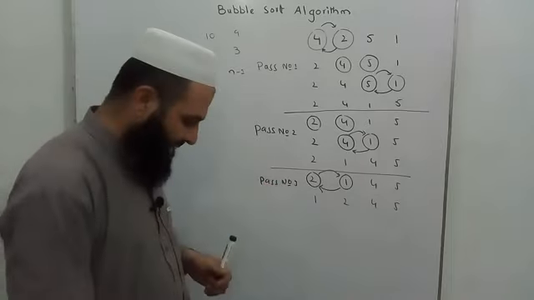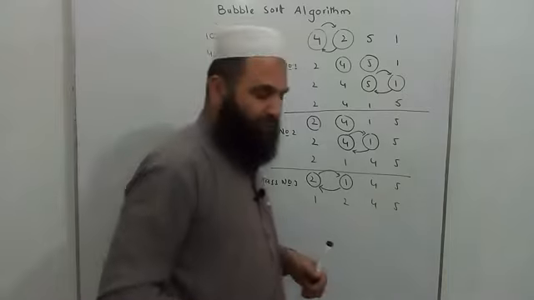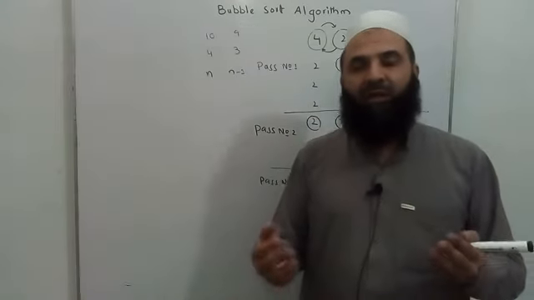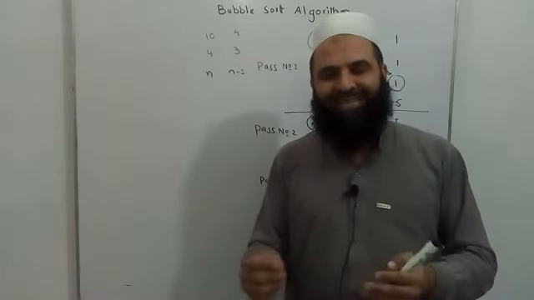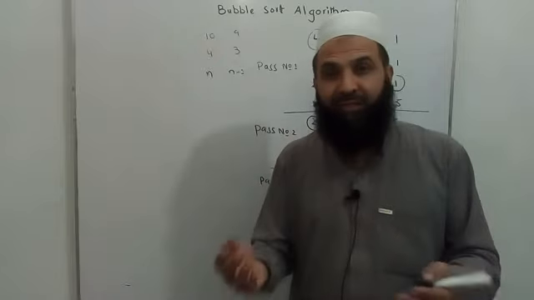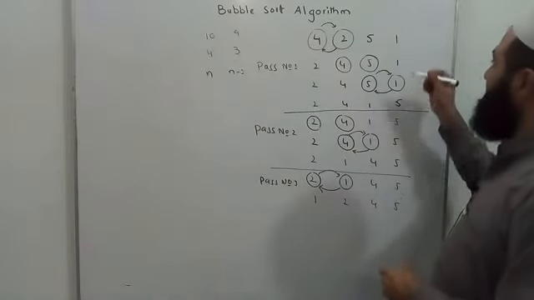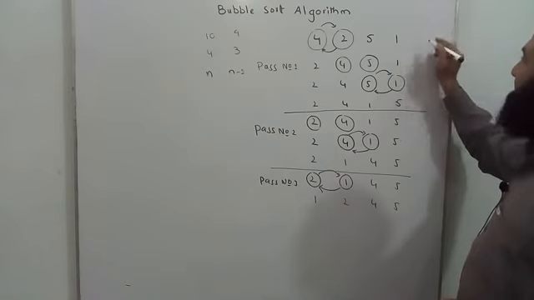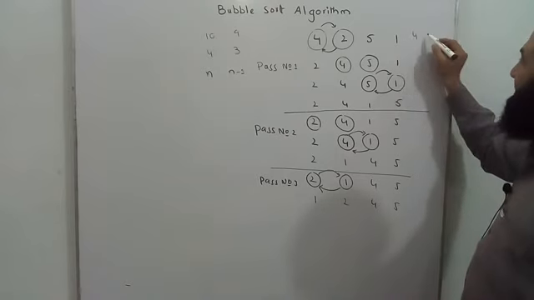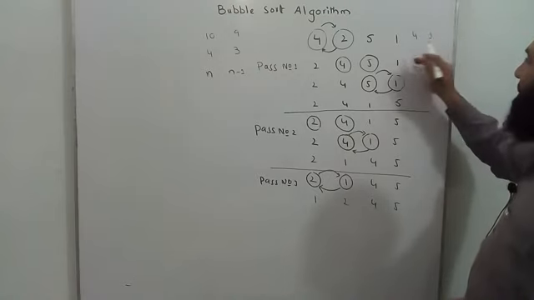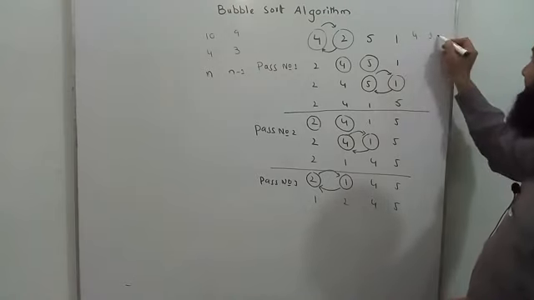So we will derive a general form for writing or generalizing the number of comparisons. In the first pass the number of items is 4 and the pass number is 1, and we did 3 comparisons in the first pass.